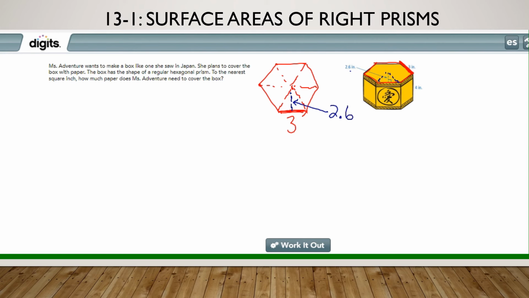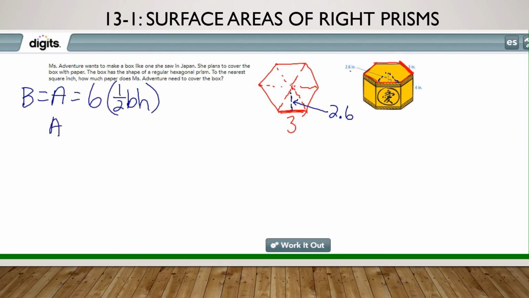So now we can go ahead and find the area of the base. Capital B equals A. And now remember, the area of the base is a hexagon. So the formula for a hexagon, well, we know the formula for one triangle, which is 1/2 base times height, but we had to decompose it into 6 equilateral triangles.